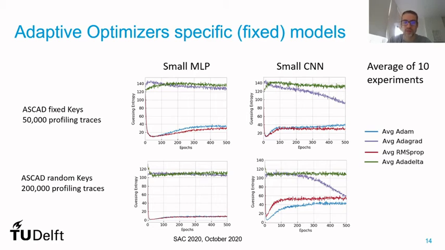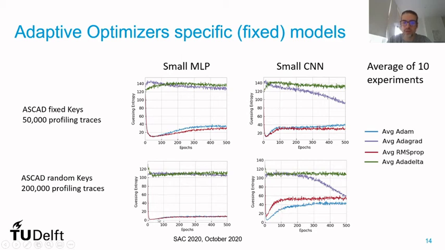For Adam and RMS propagation, we have fast convergence of the guessing entropy to a very low value, and then either it stays low while increasing a little bit, or increasing a lot when you have CNNs in most cases.